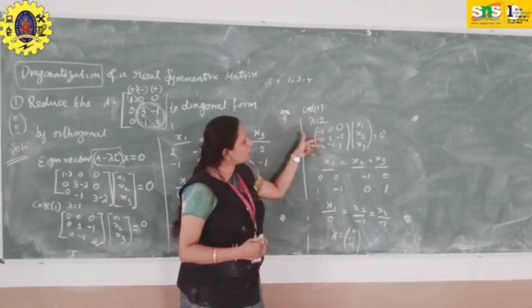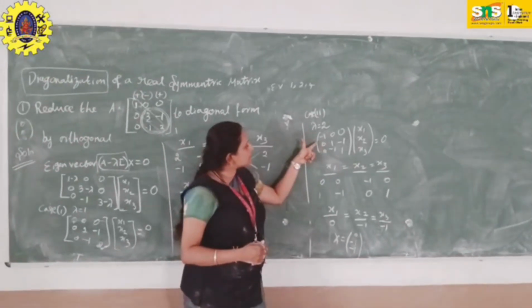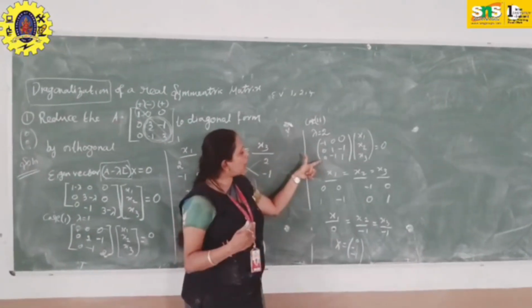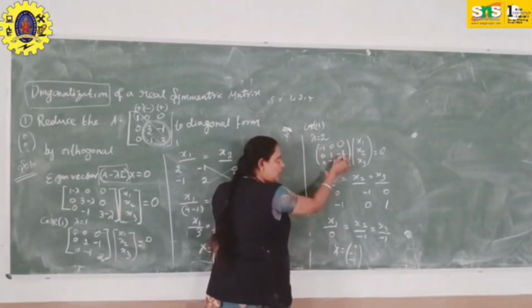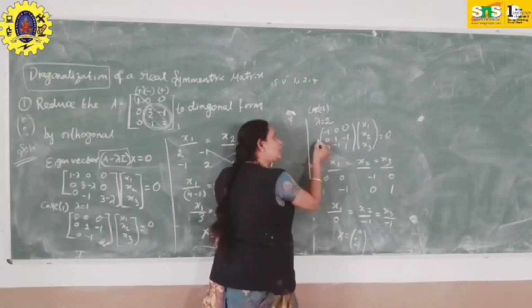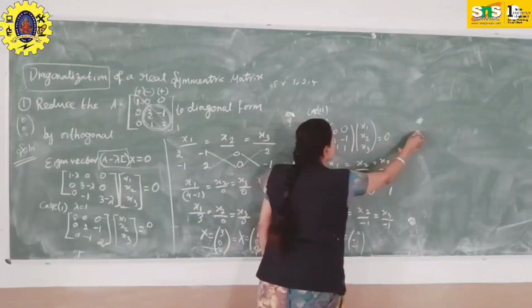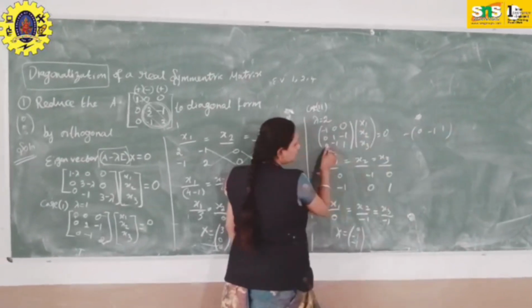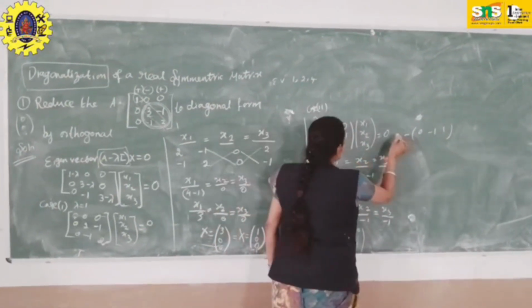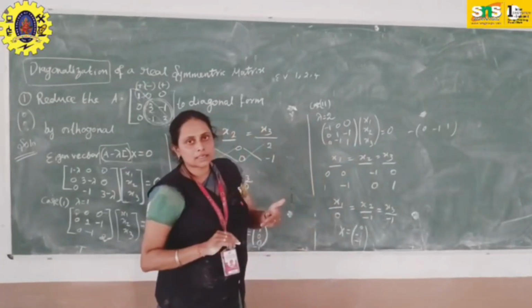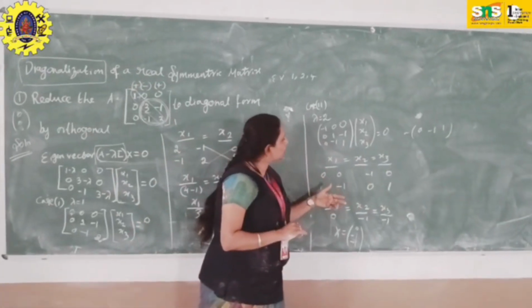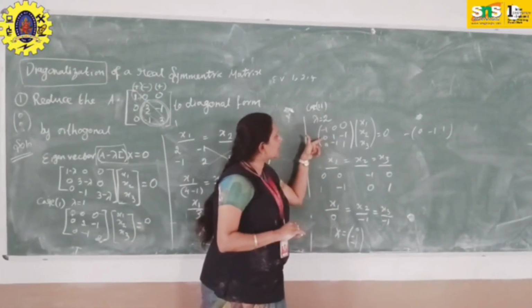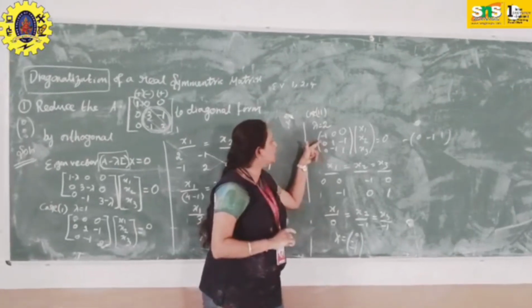The second and third equations are the same. In the second row we take minus outside, giving 0, minus 1, plus 1, and the third is the same. So we consider only one of them.